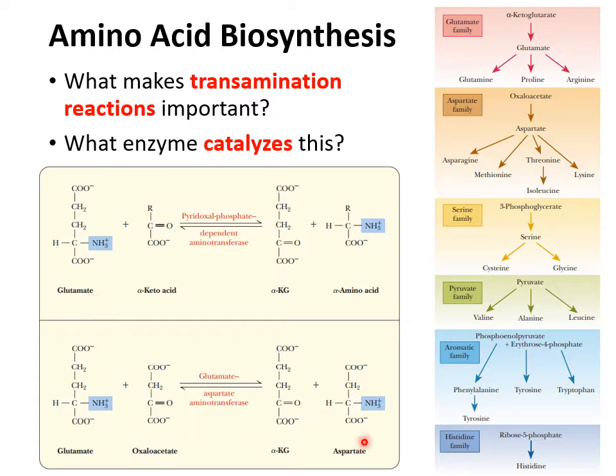Okay, so in the example here, it shows glutamate becoming aspartate. And as you can see, it's not actually that the glutamate molecule is becoming the aspartate. It's that the glutamate is transferring the amine group to an alpha keto acid, and that alpha keto acid is what's now the new amino acid because it's taken on that amine group.